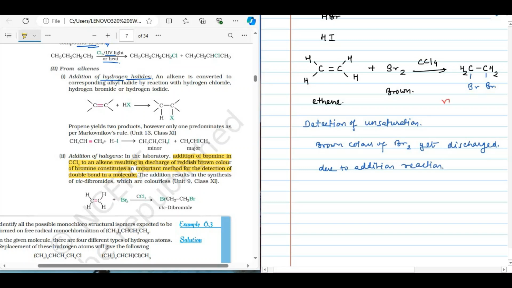In this reaction, vicinal dibromide is formed. Vicinal dibromide means the functional group is bonded to the adjacent positions. Adjacent position is the vicinal position.